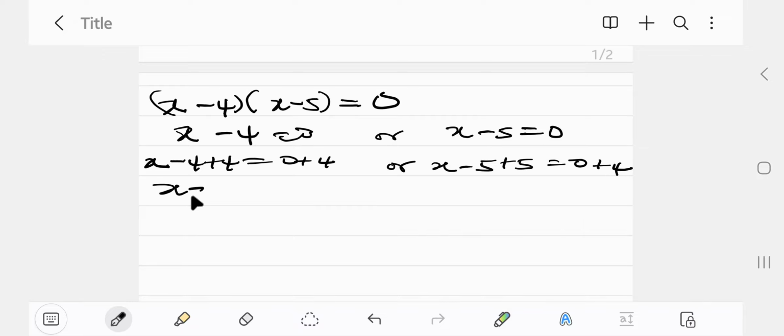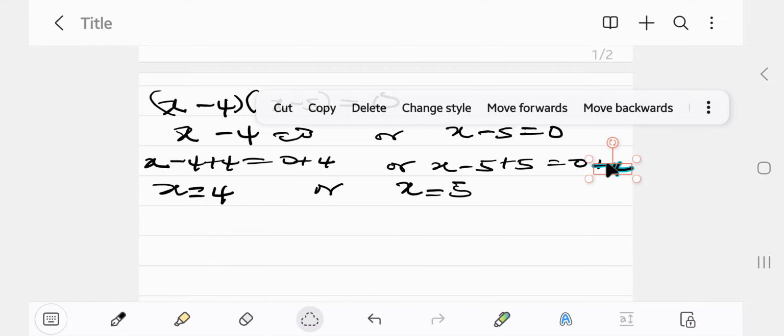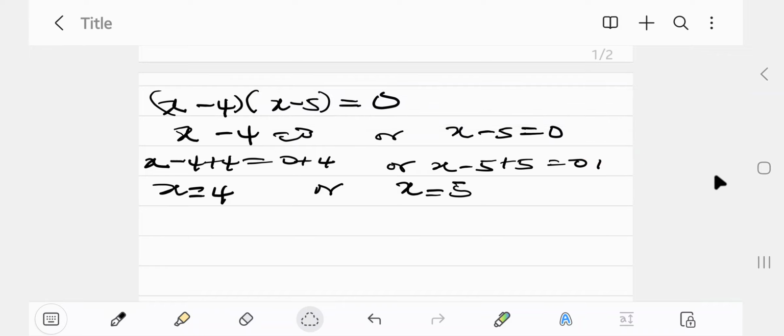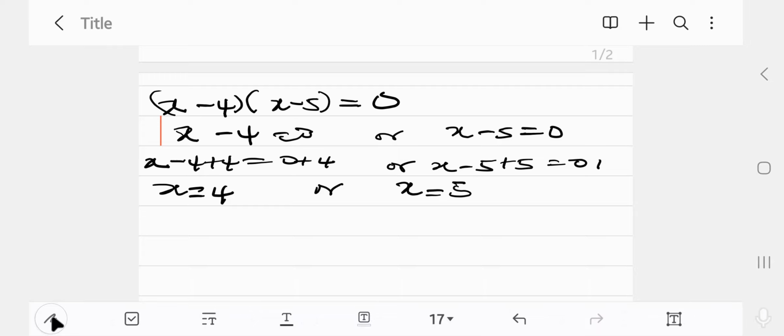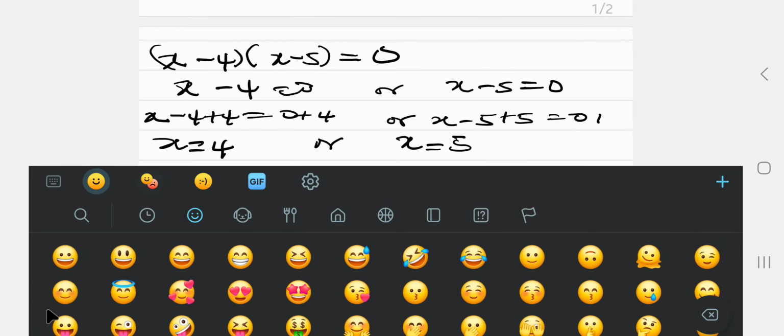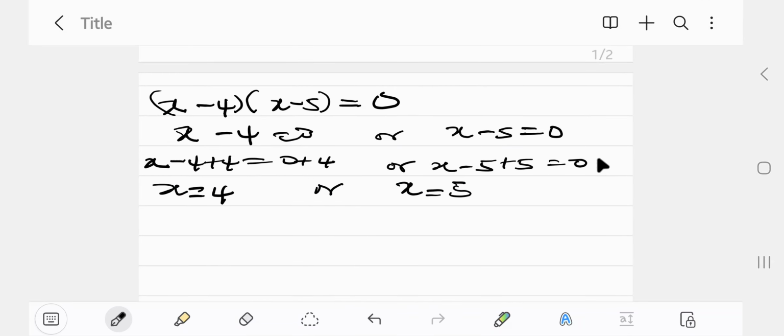Here we have x is equal to 4, or x is equal to 5.